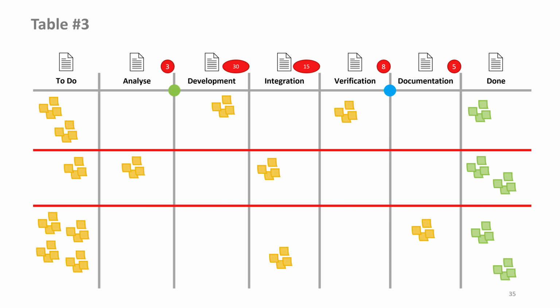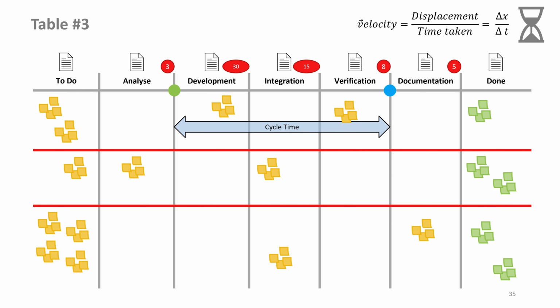There are metrics that are recorded. One is usually called cycle time, which means we can measure a period of time between any points.